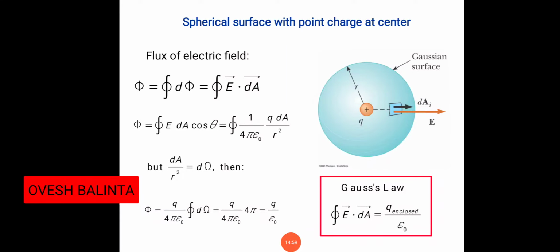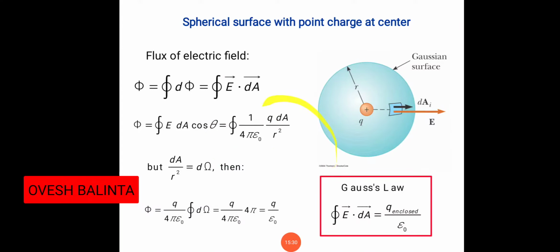For this Gaussian closed surface, the flux phi is the integral of d phi, which is E into dA, that is E dA cos theta. Now we know the value of the electric field, E equals kQ upon R square, where k equals 1 upon 4 pi epsilon 0.